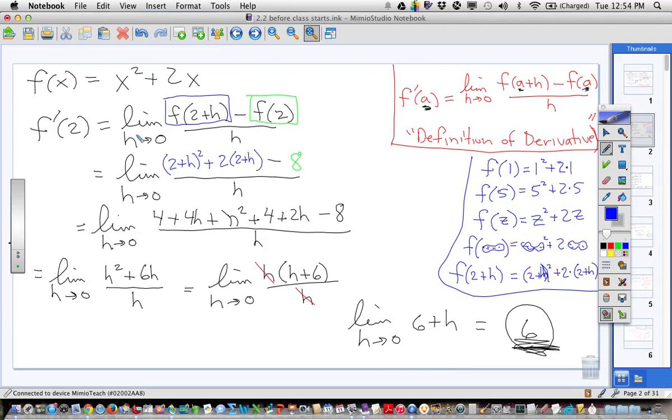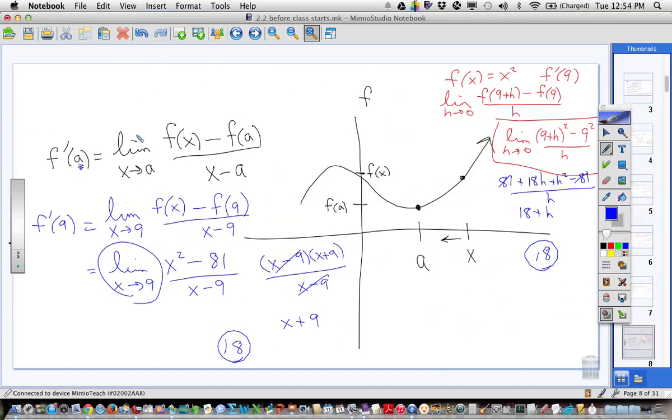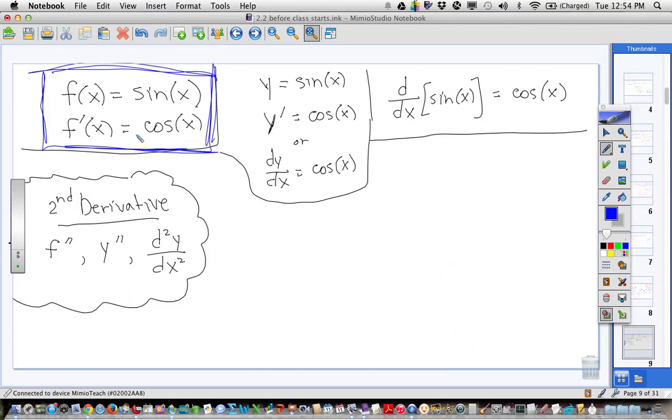You had to go through it all again. Well, if we wanted f prime of 3, we'd have to go through it all again. It'd be a lot nicer if we just knew what f prime of x was. Because then if I wanted f prime of 4, I could just plug a 4 in. If I wanted f prime of 3, I'd just plug a 3 in, right? It'd be nice to know what the formula is for f prime of x, not just the slope at one individual point. That's where we're going to head towards today.